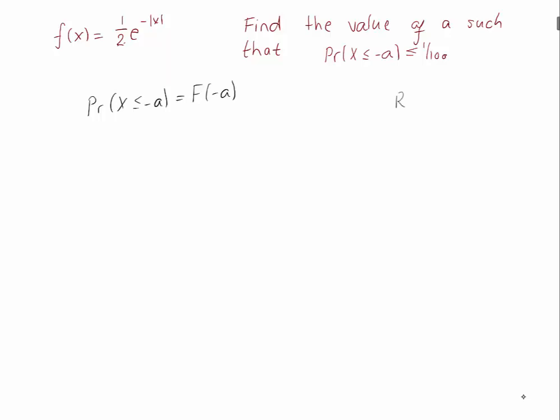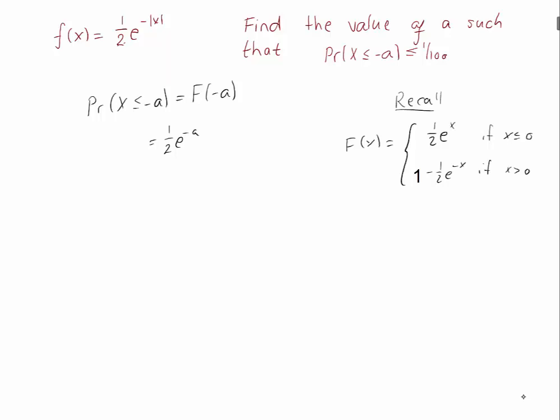So if we recall from the last video, the cumulative distribution function for this probability density function was 1/2 e to the x when x was negative, and 1/2 minus 1/2 e to the negative x when x was positive. Negative A, well, we chose A to be positive, that's our extra, so negative A is negative, so this is simply 1/2 e to the negative A.